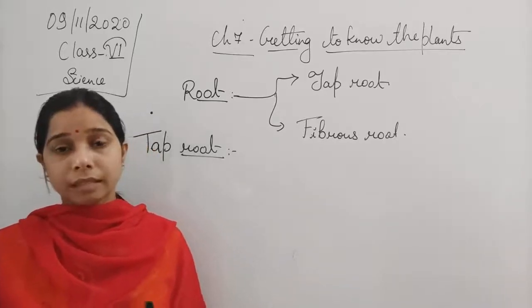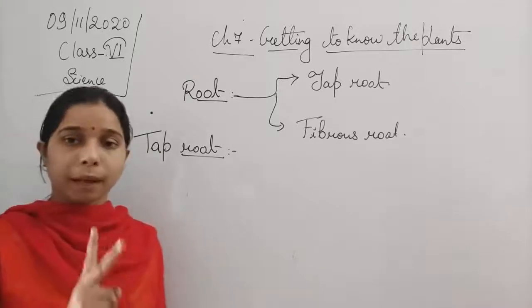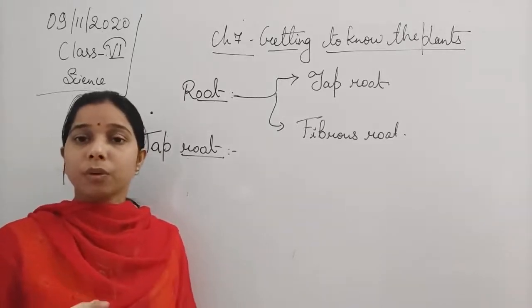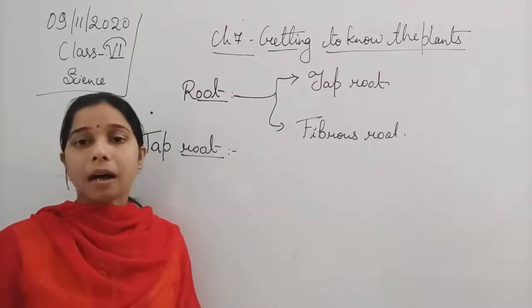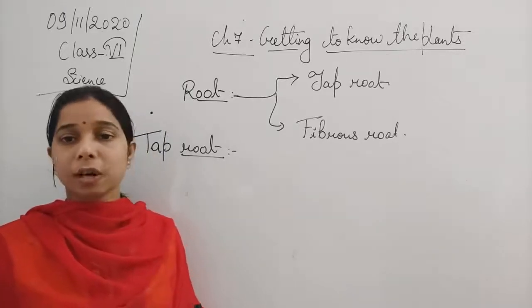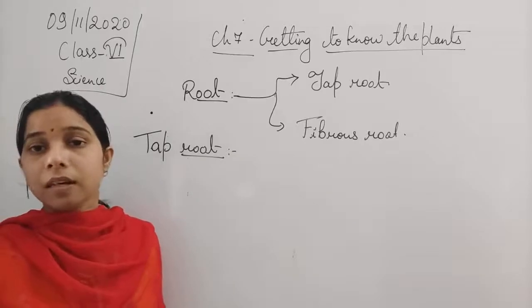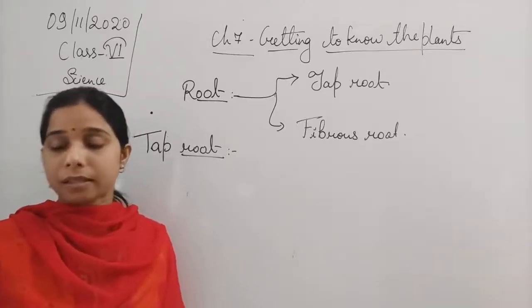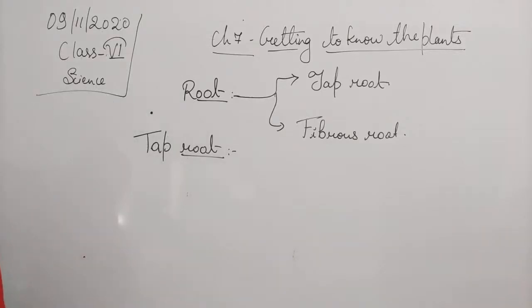Okay, so we can say that it has two types of distribution, in which there is one main root, and the other roots which come out of it are known as the lateral roots. So the main root and lateral roots are present in the taproot system.